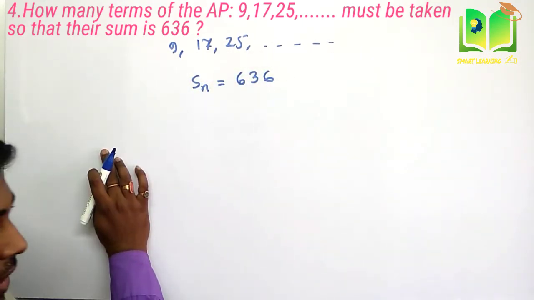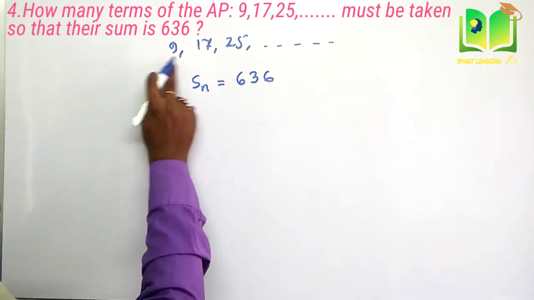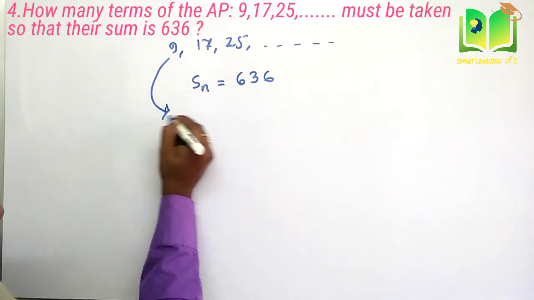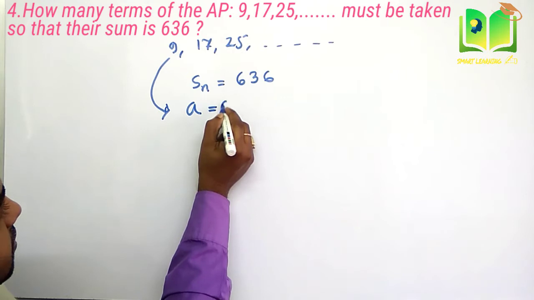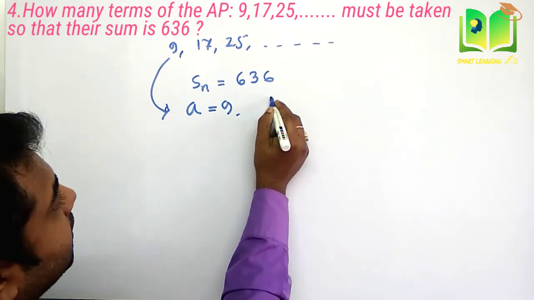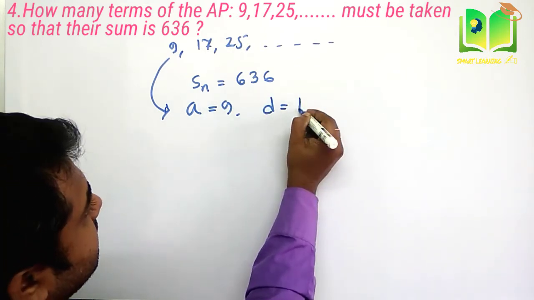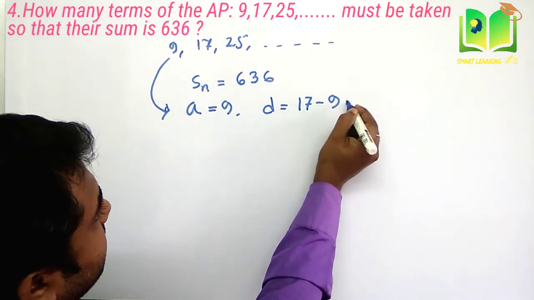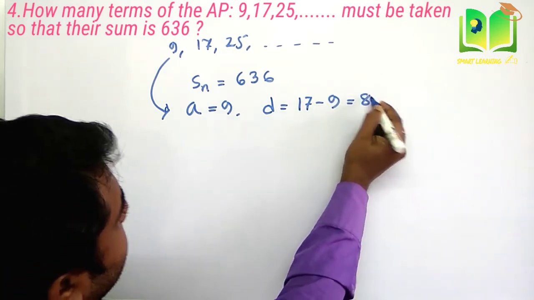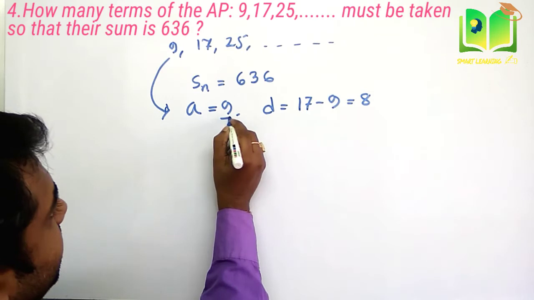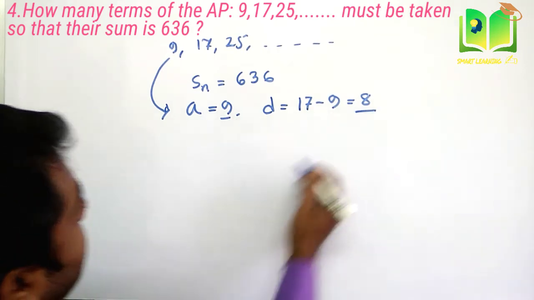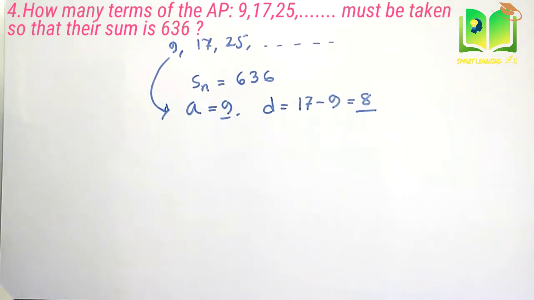So let the number be n. This one is a. a equals 9. d equals 17 minus 9 equals 8. So you have a and d here.